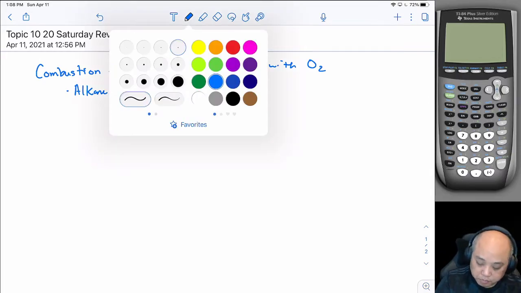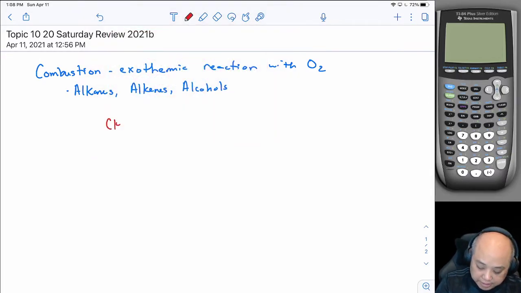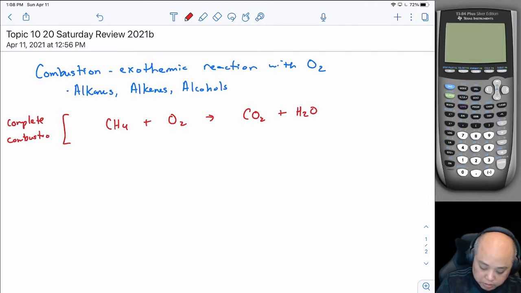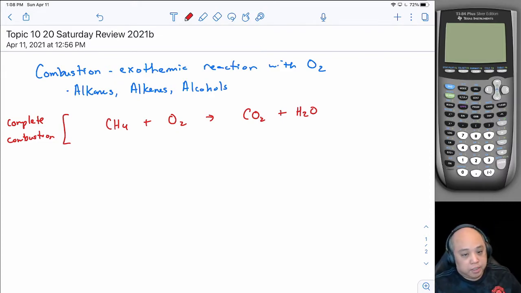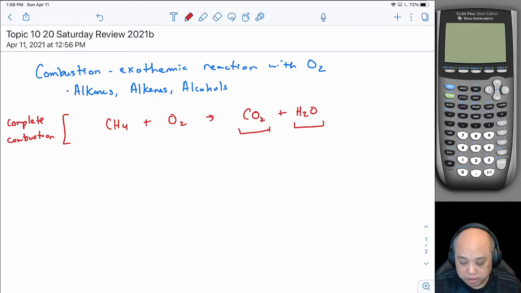Now, for an alkane like CH4, we're reacting it with O2 to produce CO2 and H2O in what we call a complete combustion. Okay, so a complete combustion produces CO2 and H2O, and I'll balance that here.